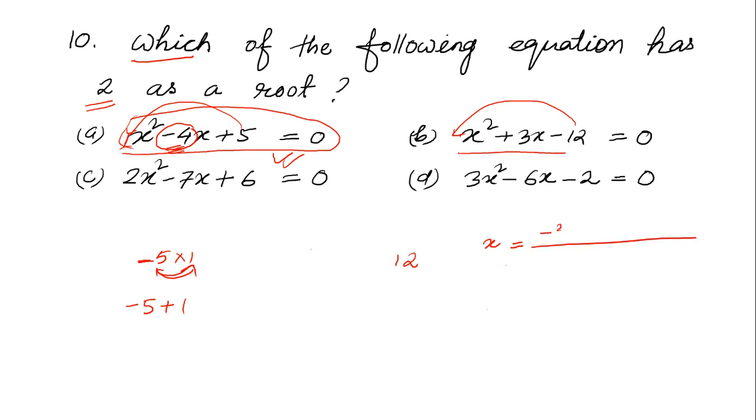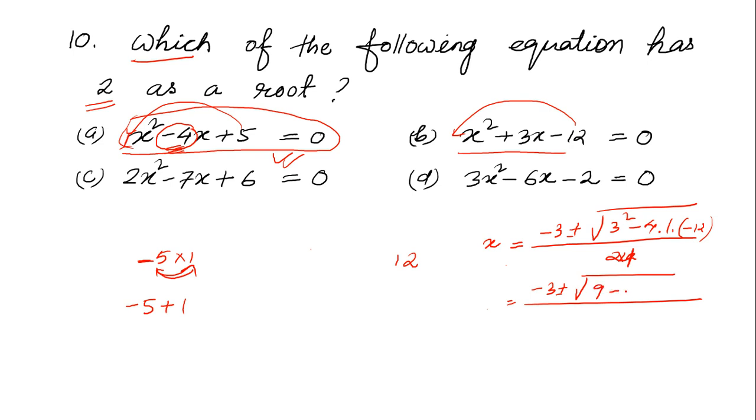Minus b plus minus root over b square minus 4ac divide by 2a। तो 2a के जगह पे 1 होगा, ठीक है, 2 into 1। तो ये क्या हो रहा है, -3 plus minus root over 3 square is 9 minus minus plus 12 4 जा 36/2 is equal to -3 plus minus root over 36 plus 9 is 45/2। तो यहाँ से हमारा जो root 2 है that will not come out.